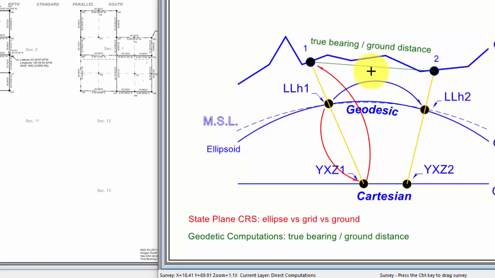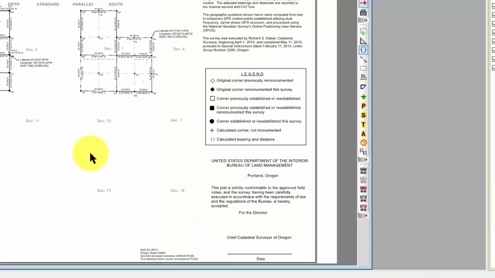I guess the stuff down below here is really invisible in the drawing. Other than the fact we put the drawing variable in that said which state plane datum we were using, the drawing isn't displaying anything about the geodetics or the grid information down here. It's really just all about the true bearing and ground distance at the ground. And so I can plot this out, write a PDF of it, and the coordinates and the geodetics never come into play. I got exactly what I want.